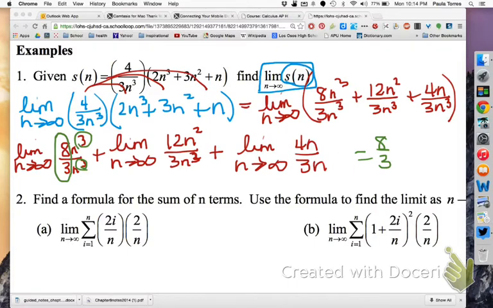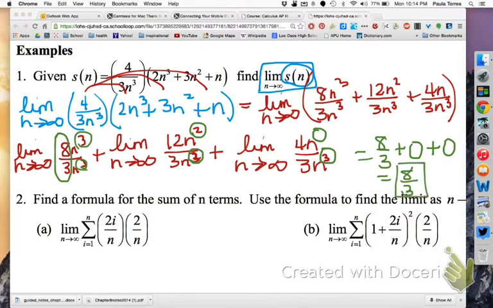We need to fix it. And so on that second one, the degree of the numerator is smaller than the denominator, so that means it's going to 0. And on the last one, the degree of the numerator is smaller than the denominator, so that one's also going to 0. So I get a grand total of 8/3.